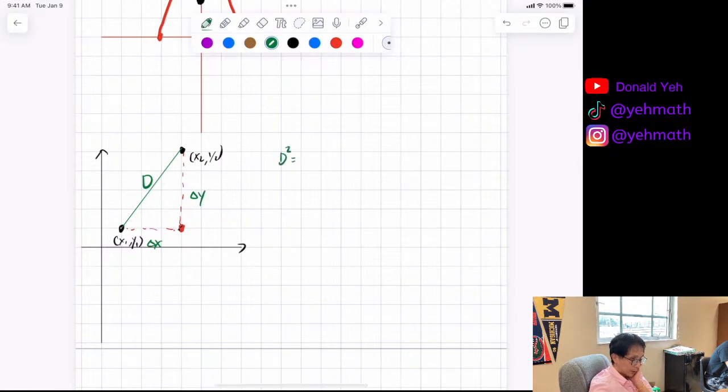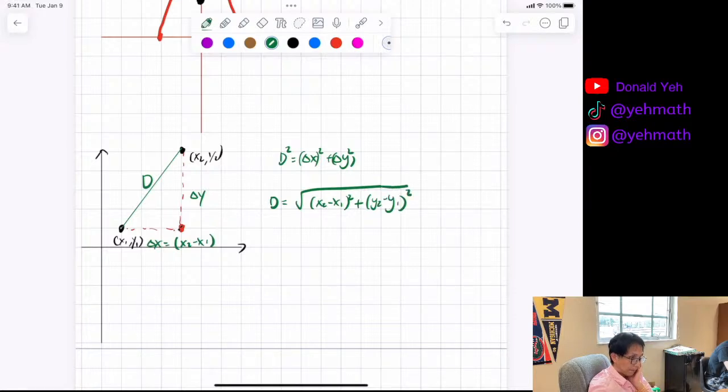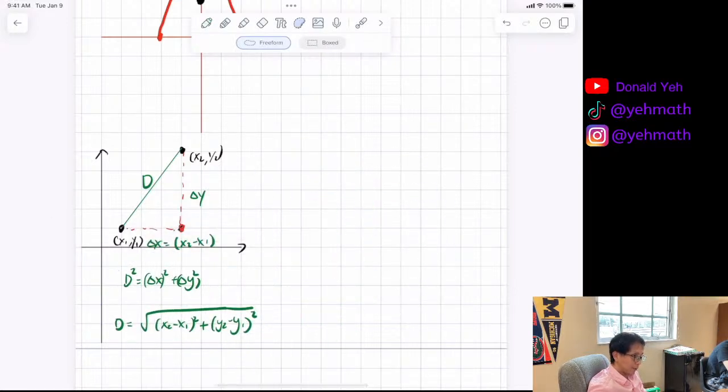So d squared equals delta x squared plus delta y squared. And so d is equal to the square root, where delta x is the difference x2 minus x1. So it'll be the square root of x2 minus x1 squared plus y2 minus y1 squared. And that is the distance formula. That's the derivation of the distance formula. Some of you don't remember, but that's okay. I'll teach you how to derive it. Does that make sense or no?